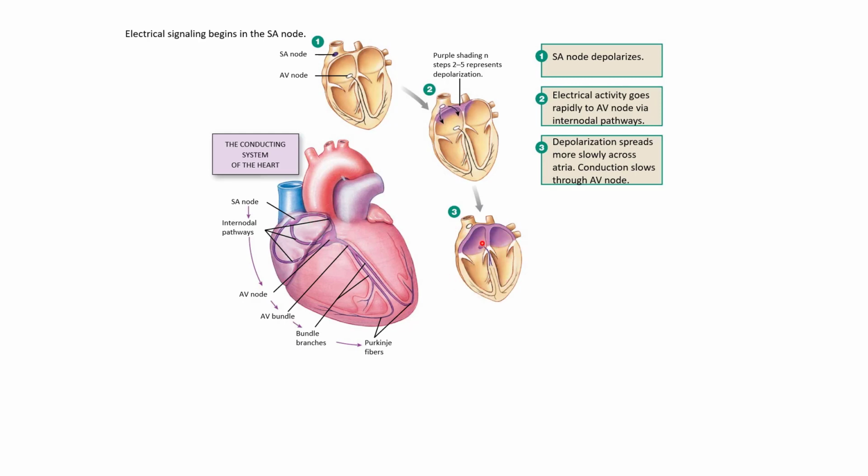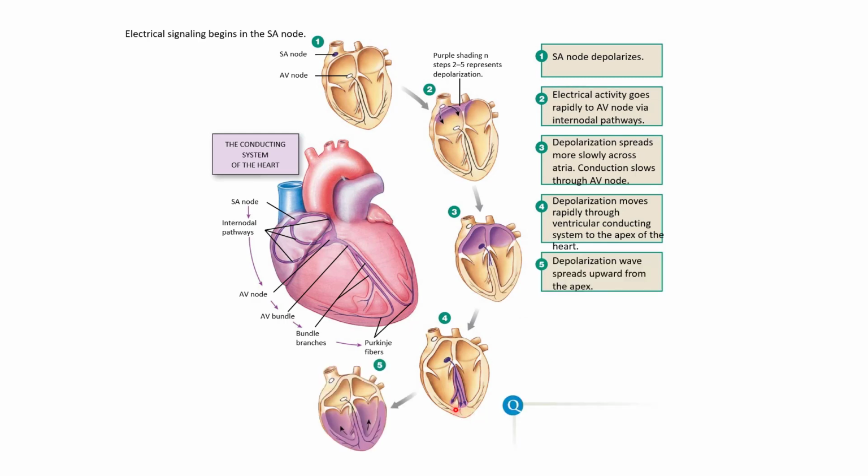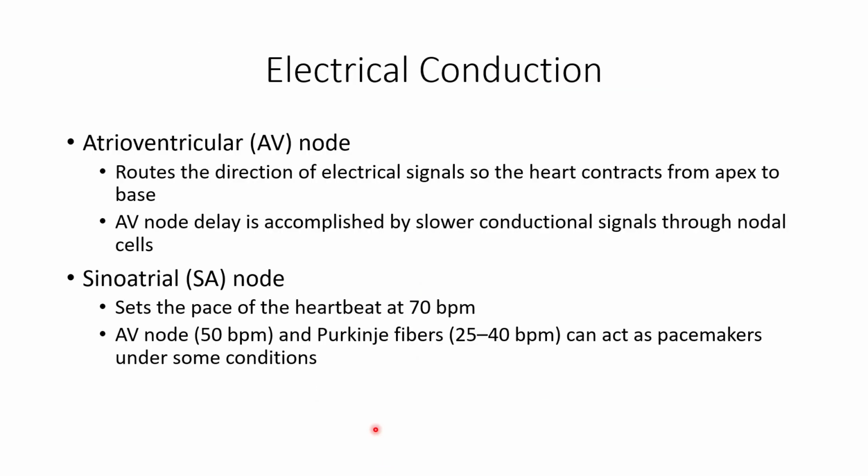But we'll also have the slower depolarization that occurs in the actual cardiac muscle in the atrium. Okay, once we get to the AV node, we're going to move through the bundle branches, then to the Purkinje fibers, and then we'll have that depolarization. It's going to spread from the apex of the heart, so down here, towards the top of the ventricles, and that's what will generate our contraction.